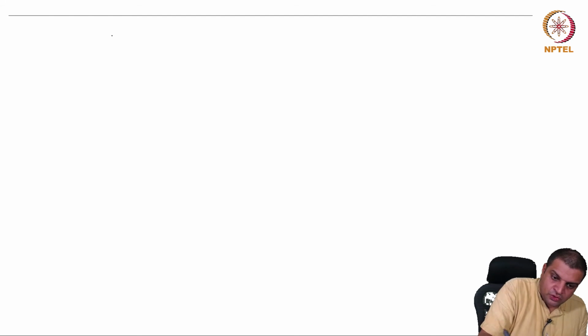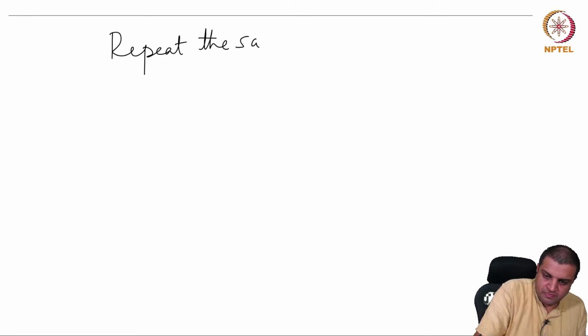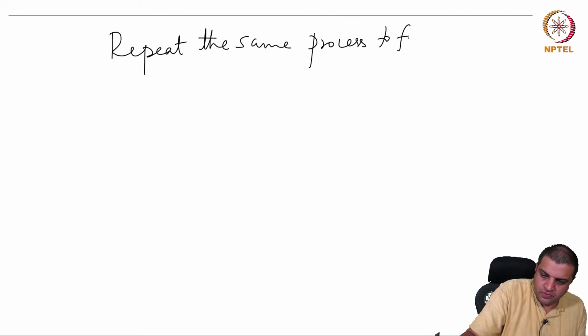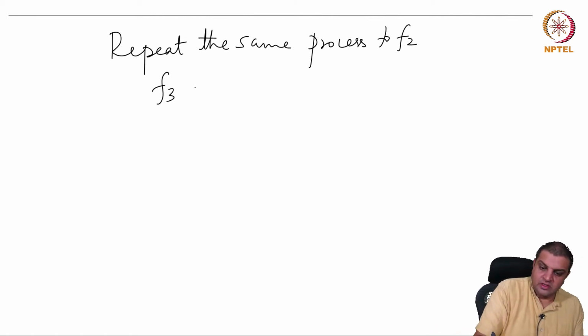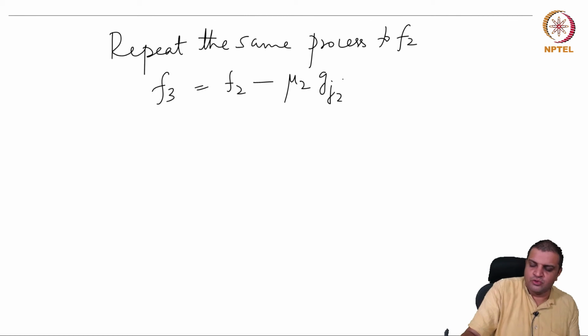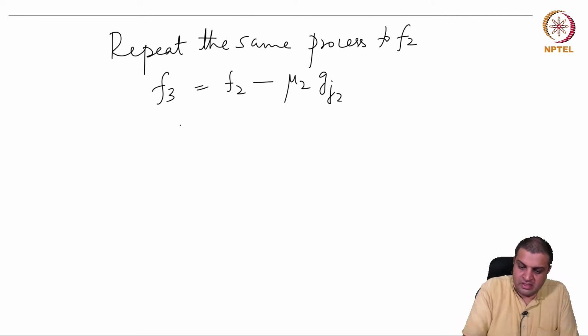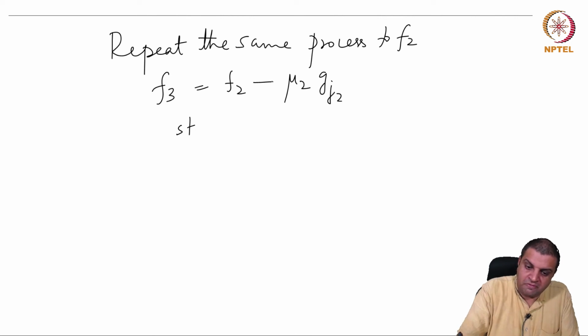So repeat the same procedure up to F2. We would get an F3, which is F2 minus some mu2 Gj2. These values don't really matter. Again, one has to find an appropriate coefficient here, not just -1, the same discussion that we had.